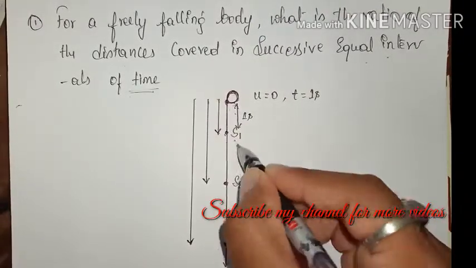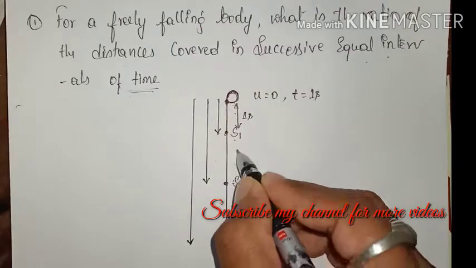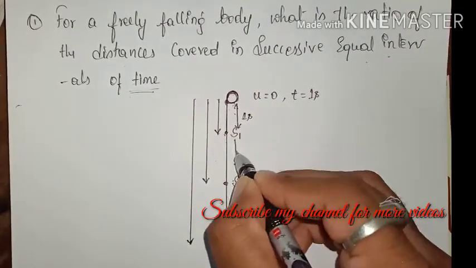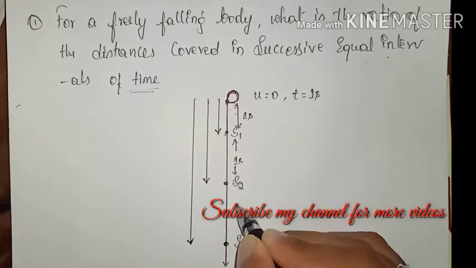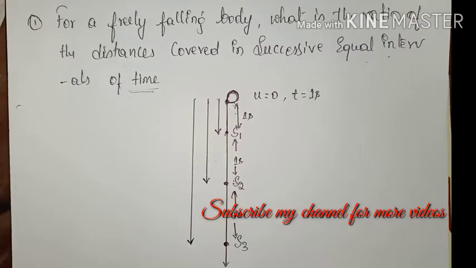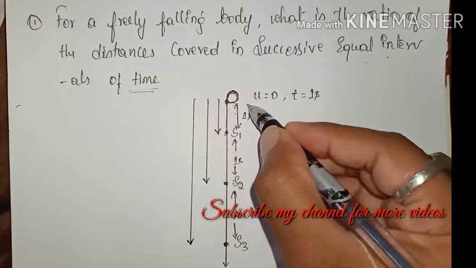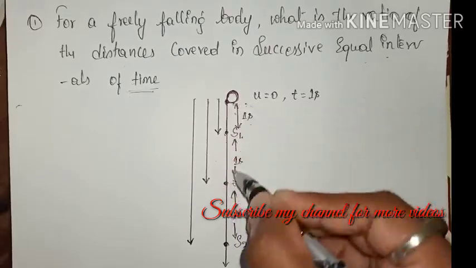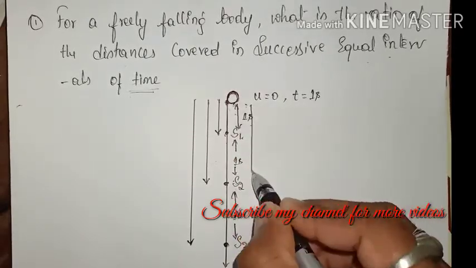And what is the time taken from here to here? It's an equal interval of time, so definitely that is also 1 second. And from here to here, observe carefully, that is also 1 second. But here you are supposed to observe: from here to here is 1 second, but what is the total time taken from here to here?